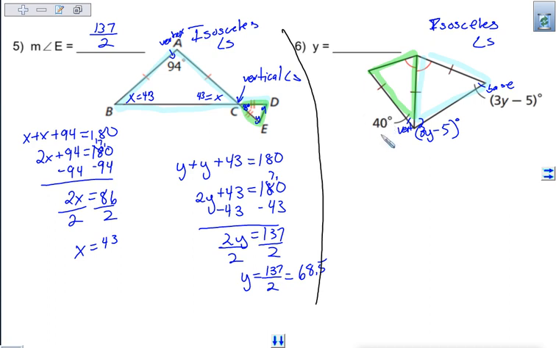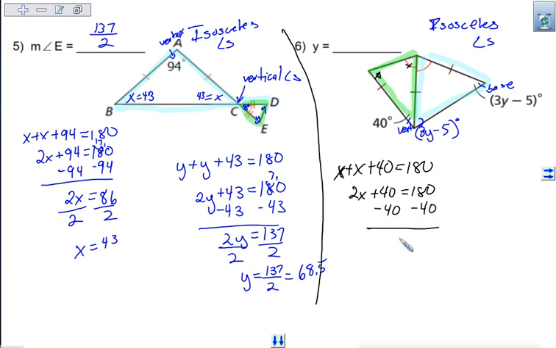So we have x plus x plus 40 equals 180. Combine our like terms, 2x plus 40 equals 180. Subtract 40 from both sides.